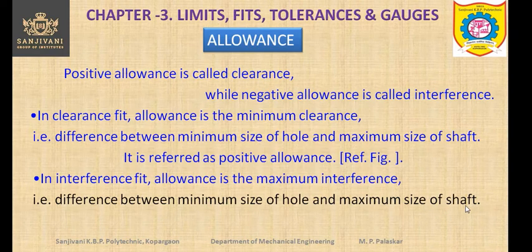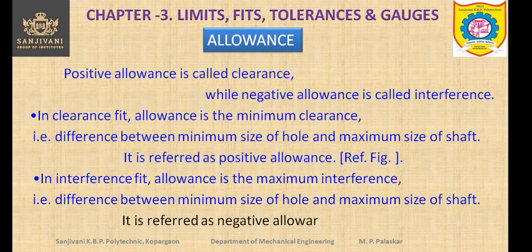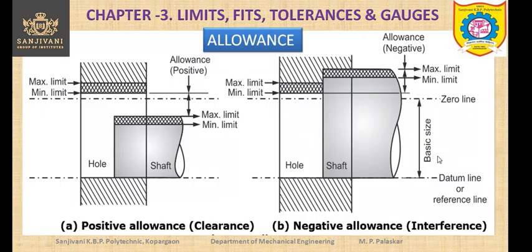That difference is nothing but the allowance, but this allowance is negative and the fit is interference. So it is referred to as negative allowance. Things will be more clear with the help of this figure. Positive allowance means clearance and negative allowance means interference.